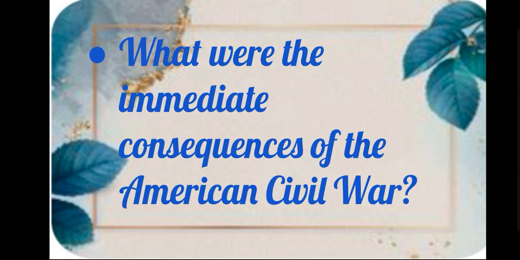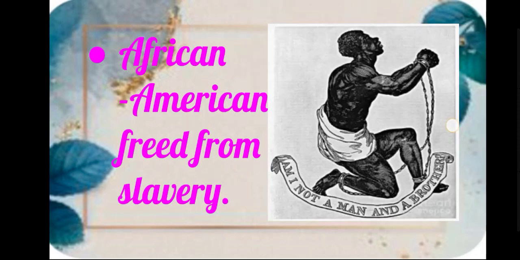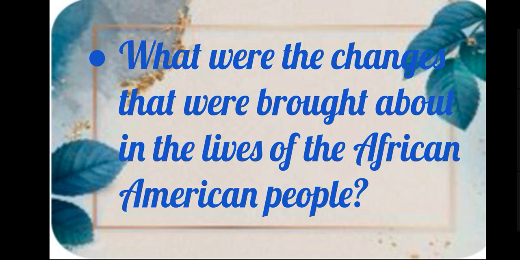What were the immediate consequences of American Civil War? In the immediate aftermath of the war, the African American or black population was freed from slavery. Okay, what were the changes that were brought about in the lives of African American people?